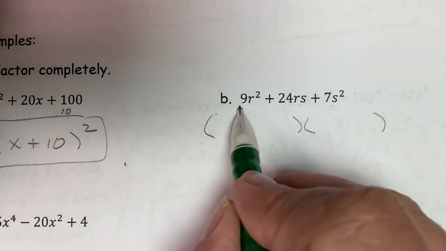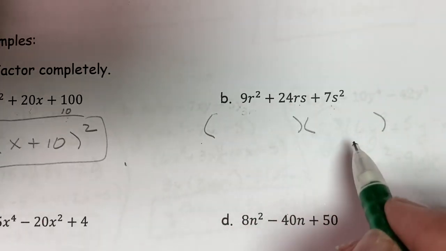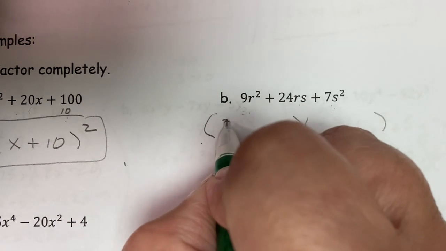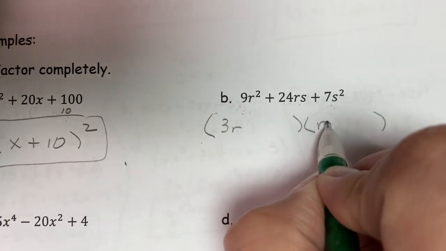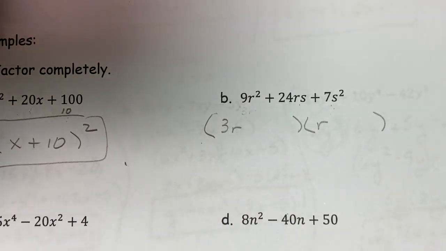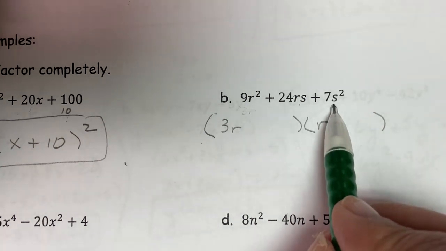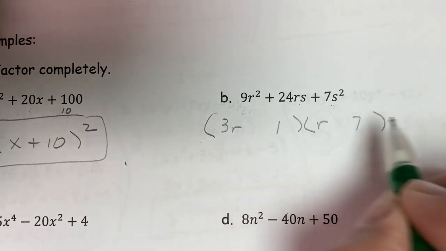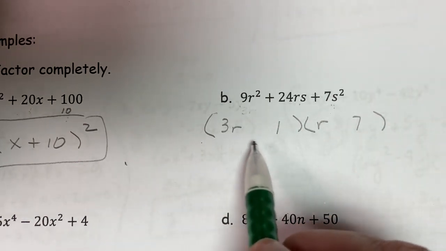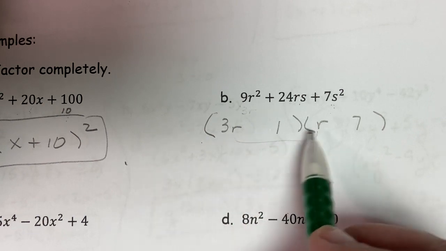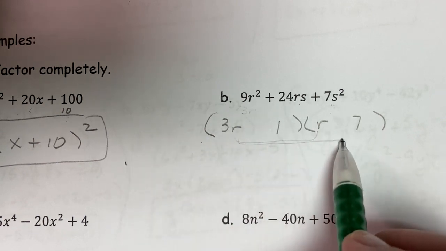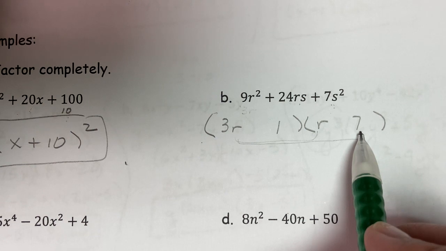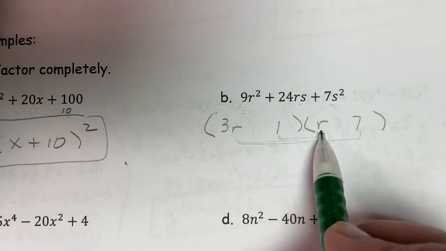We have to split up the 9r squared. Well, it's either going to be 9 and 1 or 3 and 3. I'm going to try 3 and 3 again. I'm guessing. And now I have to split up the 7. It can only be 7 and 1. So let's try a 1 and a 7 here. If I FOIL this back out, I'm going to get 3r squared. Outside, I'm going to get 21. Inside, I'm going to get 1.